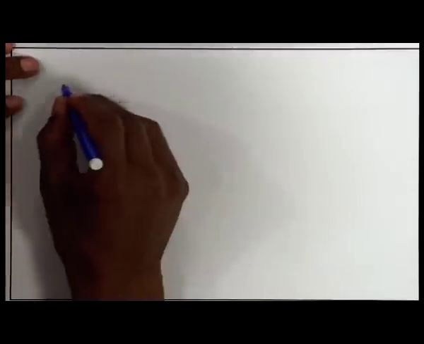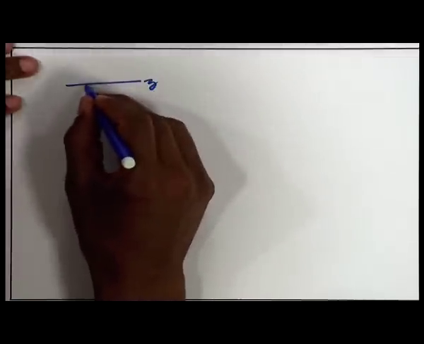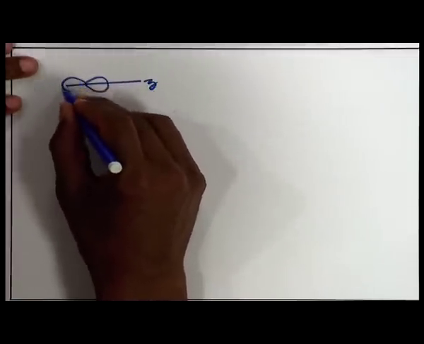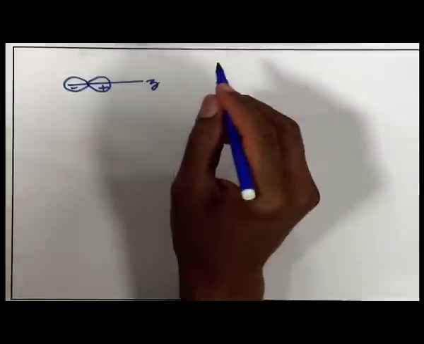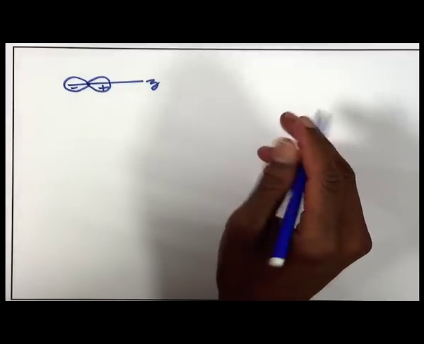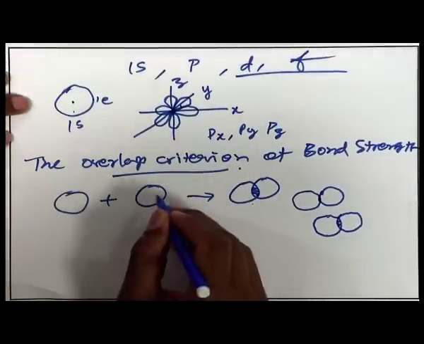So, this is the z axis and you have a pz orbital; this is positive, this is negative. Whenever you draw an orbital, the sign of the wave function should be given.